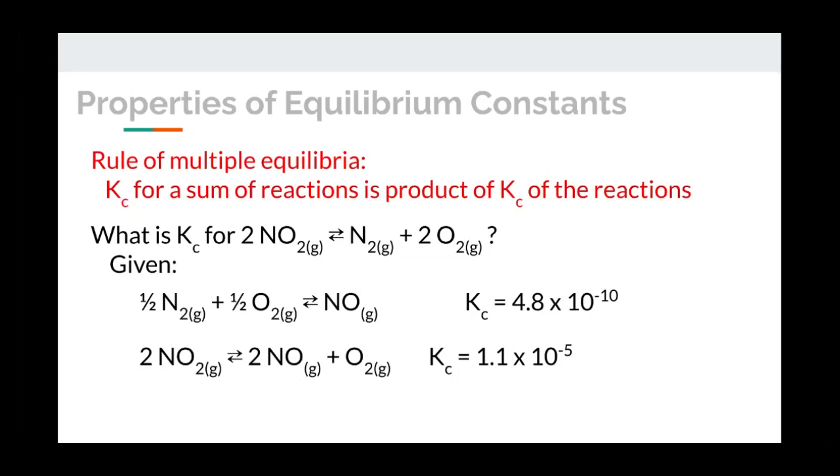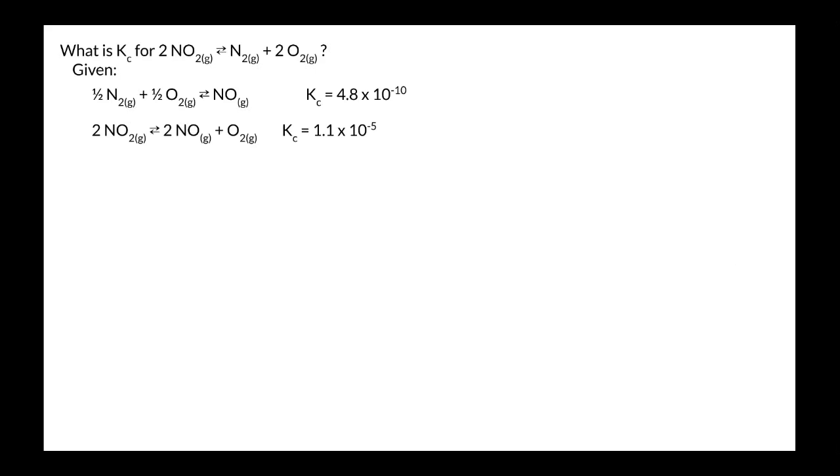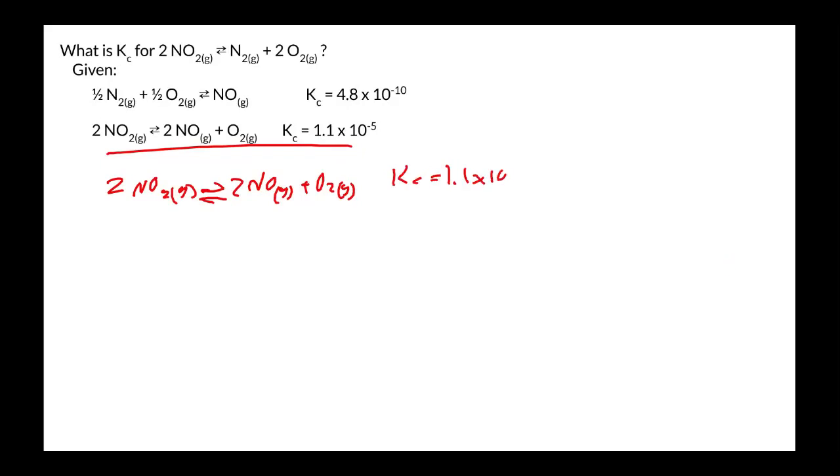So let's apply some of these identities to a problem here. The question is, what is Kc for this overall reaction if we're given these two reactions? Let's move to a space where there's more room to work and solve this problem. I want to have NO2 on the left-hand side, and I want to have 2 moles of it. So I'm going to take this equilibrium and write it exactly as it's written. 2NO2 gas in equilibrium with 2NO gas and O2 gas, with my Kc being 1.1 times 10 to the negative fifth.